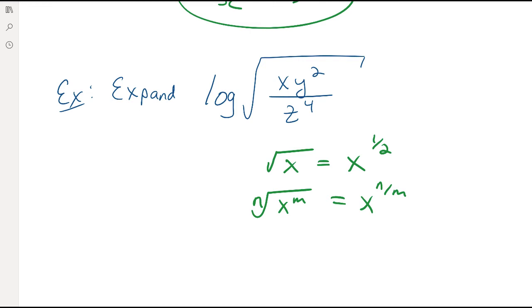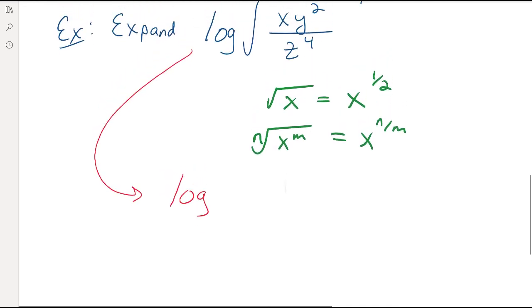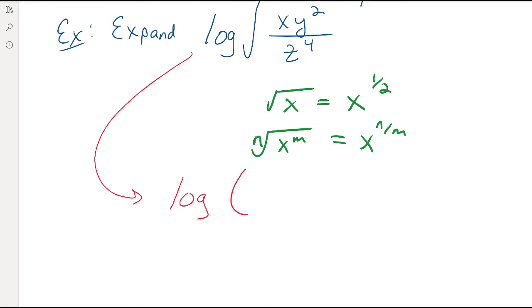So what that means is we need to rewrite our log as this. It's really the log of, let's see here, it's x times y squared over z to the 4th, and because we're taking the square root of that whole thing, we can raise that entire quotient there to the 1/2 power.